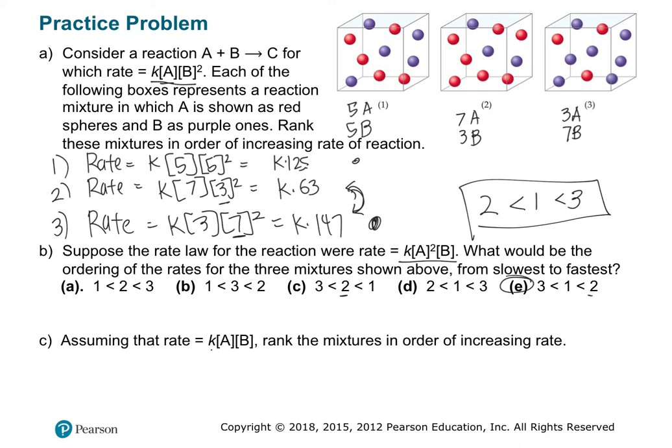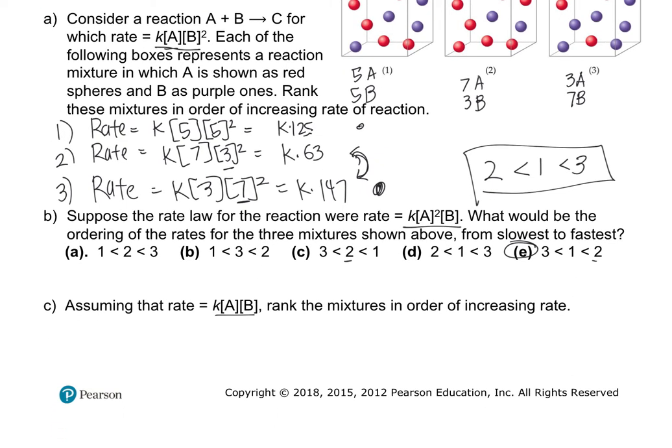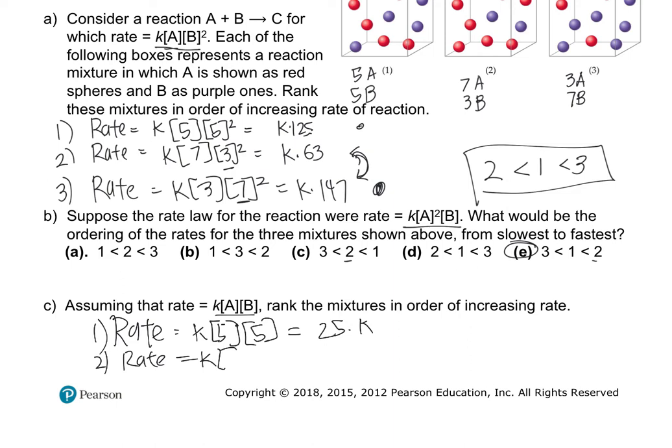And now with the rate being each to the first order, rank the mixtures. So I have rate equals, so for 1, I have K times 5 times 5, so 25K. 2, K and 7 times 3, so 21K.